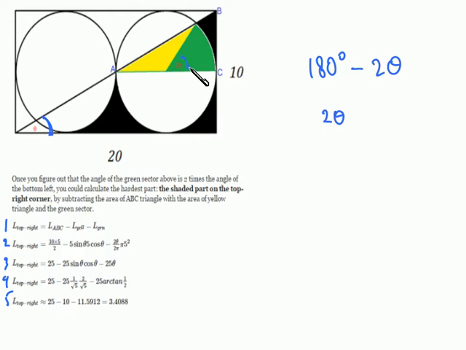Next, the other difficult reasoning is from here to here. The yellow triangle: how do we calculate its area?